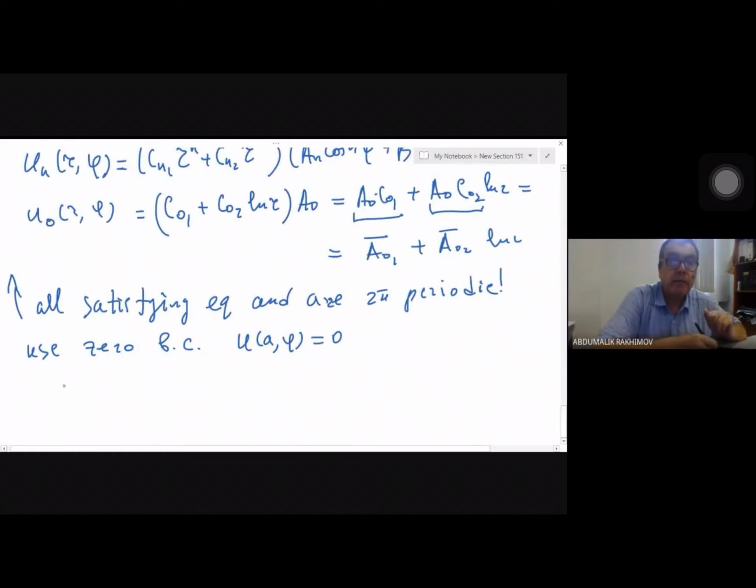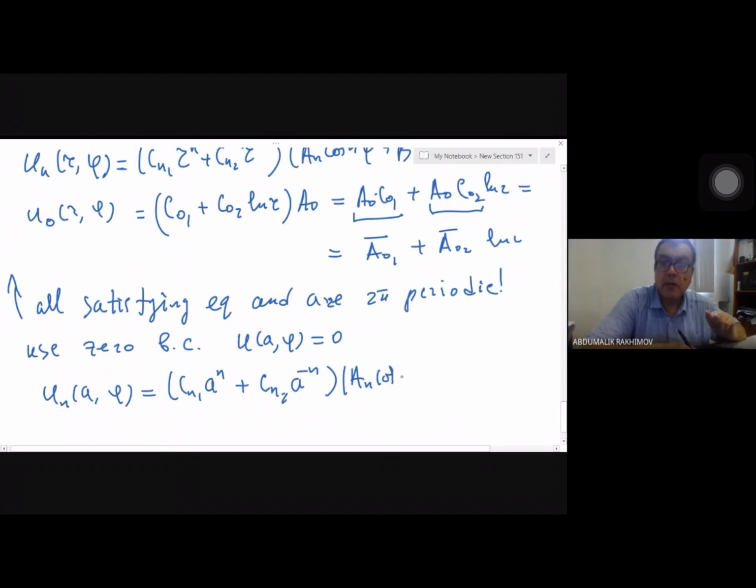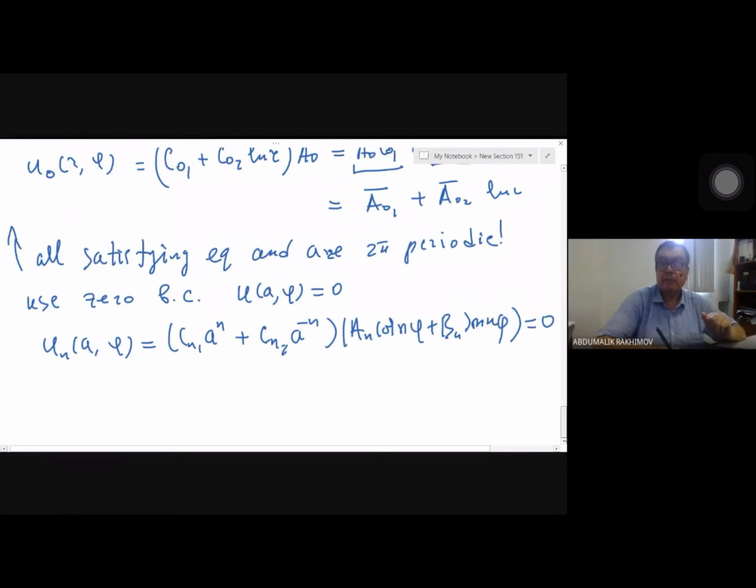For Un, Un of A, phi is equal to Cn1 A to the n plus Cn2 A power minus n, times An cosine n phi plus Bn sine n phi, which must be 0 according to the boundary condition, right?